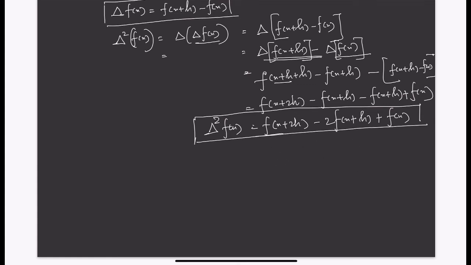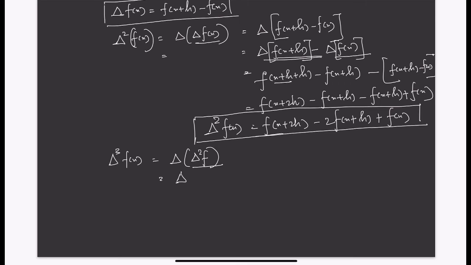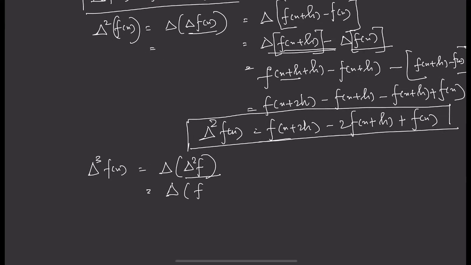Okay, now similarly we can go for the higher order, del cube of f of x. How to deal with this one? Keep del as it is and del square of f. What we have studied previously: del square of f is f of i plus 2 minus 2 into f of i plus 1 plus f of i.